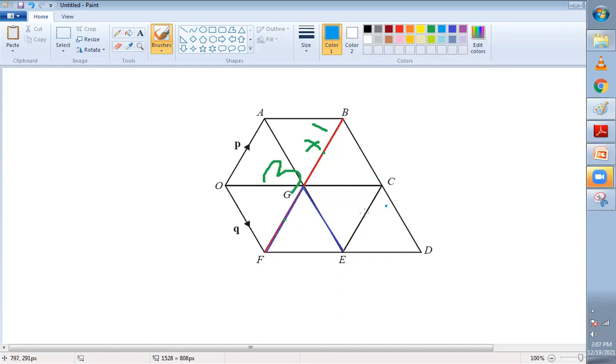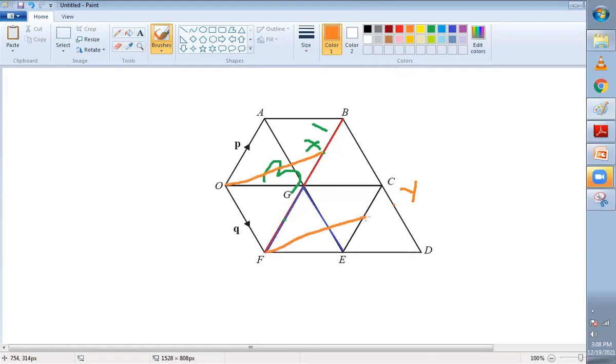They are talking about a point which is on BD. Suppose that point is here. Okay, that is the point Y.